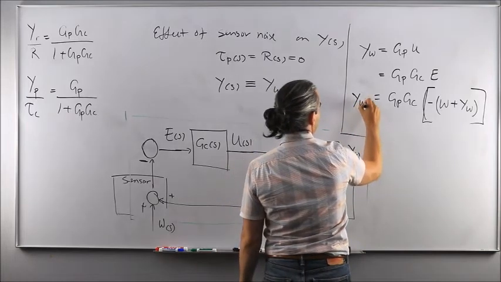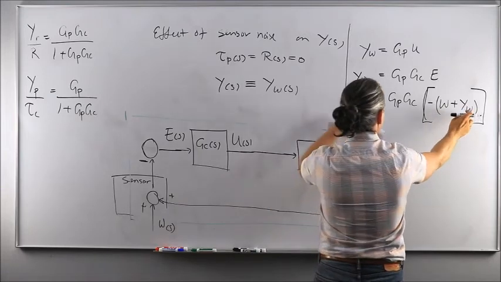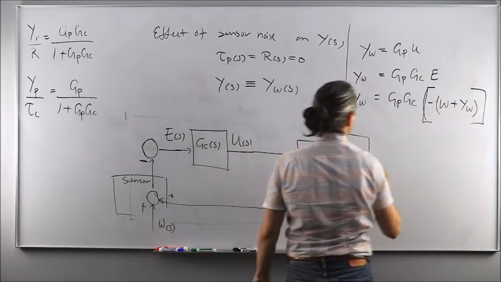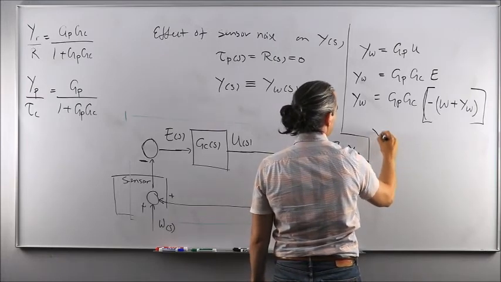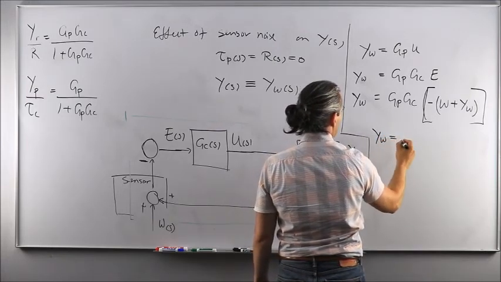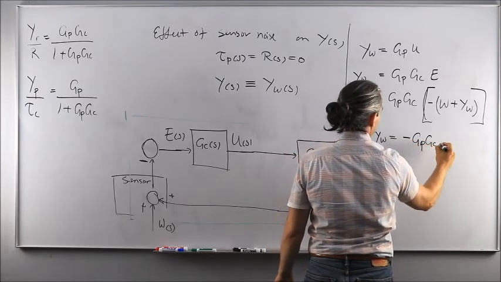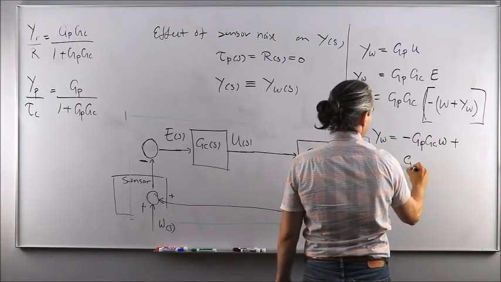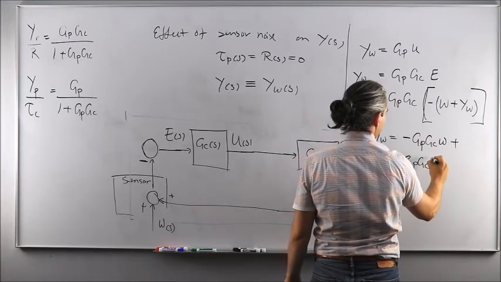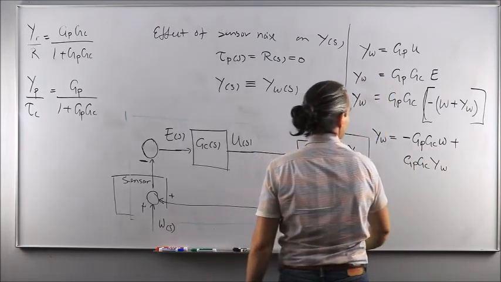Okay. And do I have everything I need? I have my YW as my output. I have my input here. I'm good to go. So now I just need to factor out my YW everywhere.